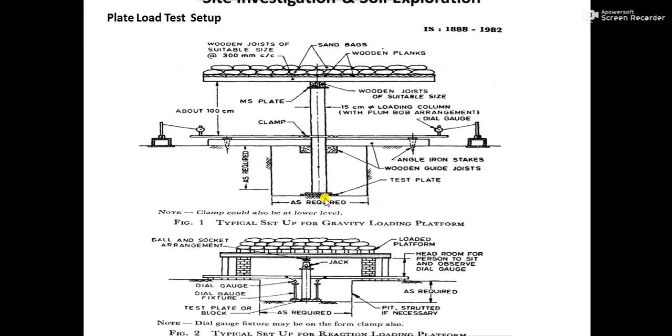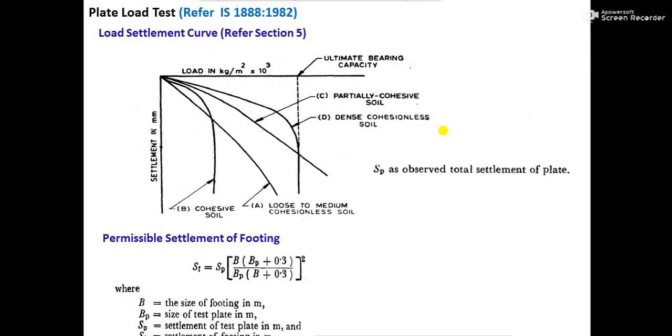So divide the load by the area of the plate. So you will be getting basically the stress created on the soil, and corresponding to that, through this dial gauge you should be able to measure, because of that load, what is the settlement inside the soil. So basically what you will have to do, as you are going on increasing the load here, at this point when the load is over here, you find out what is the settlement.